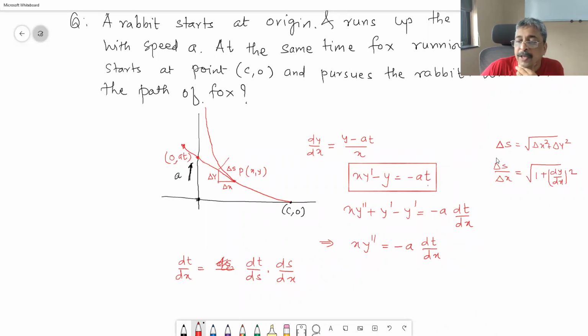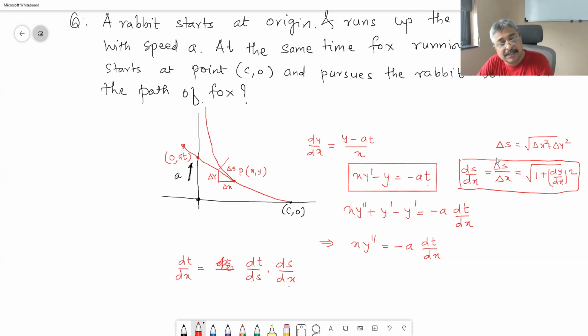That is what we will get, and in the limiting case we will call this ds by dx. That is available with us, which is supposed to be replaced here. And ds by dt is your small b. And you need to give one minus sign from your pocket, because as delta s increases, delta x decreases.